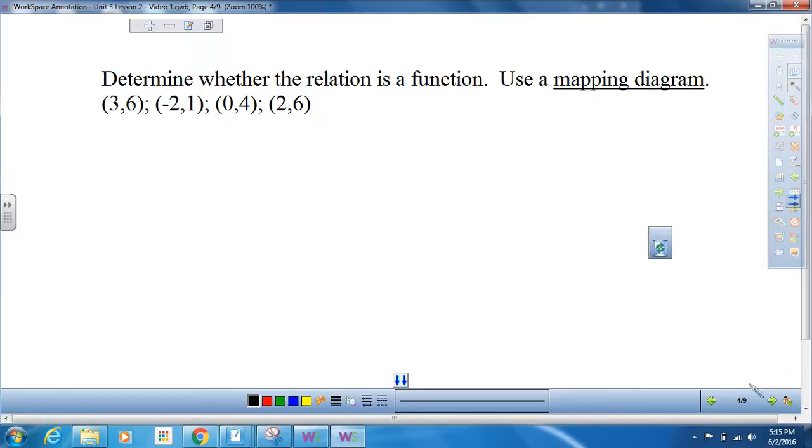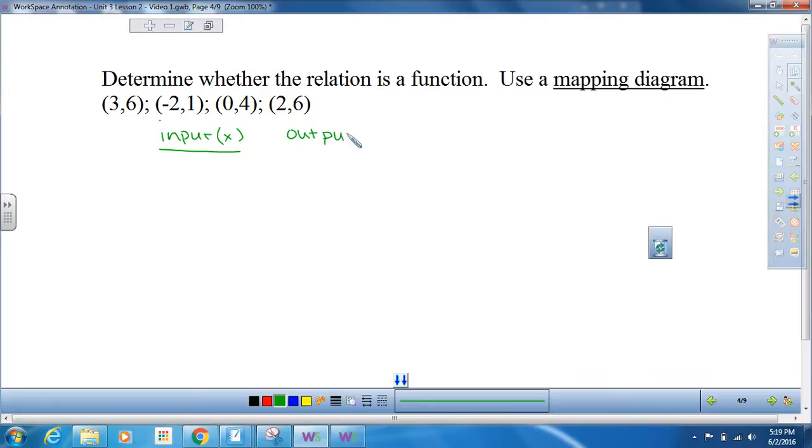Okay, I want to determine whether the relation is a function. Use a mapping diagram. A mapping diagram is kind of like a table. We make two columns. We have our input column, which is x, and here we have the output.